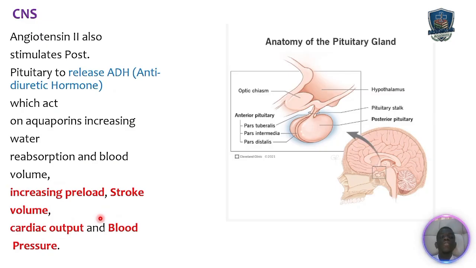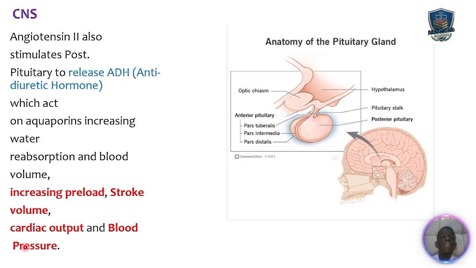Now, I'm just going to take you backwards. Angiotensin II also stimulates the posterior pituitary to release ADH hormone, and ADH is also called vasopressin. When the ADH is released, ADH always leads to the reabsorption of water in the kidney.